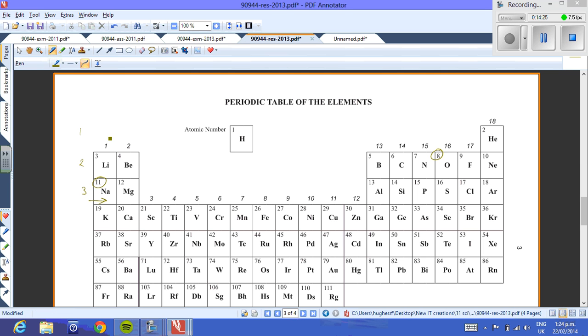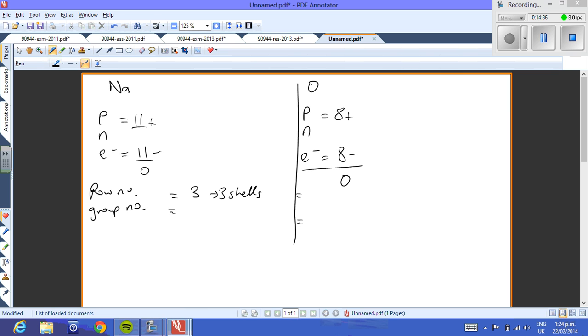You can see it there. Groups run down this way. Oxygen is in group number 16 and row number 2. So row number 2 for oxygen means it has 2 shells. And group 16 means it has 6 outer shell or valence shell electrons.